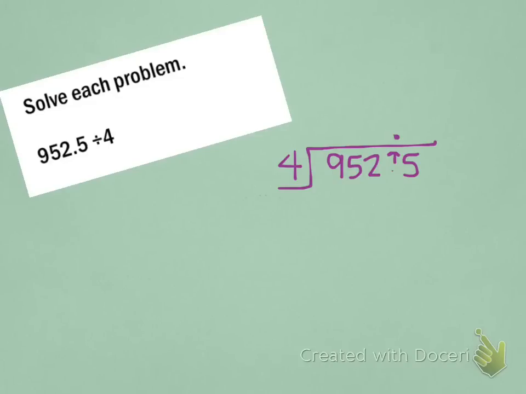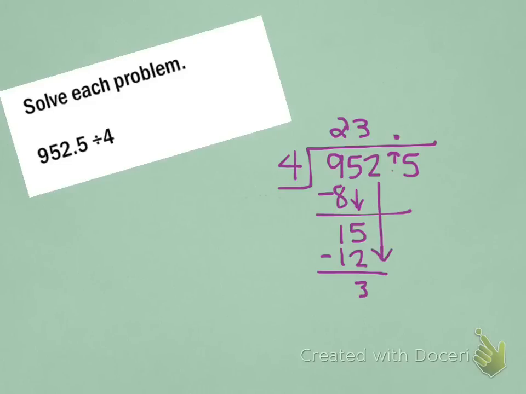So 4 goes into 9 2 times, minus 8, 1 left over. Bring down your 5. 4 goes into 15, 3 times. 3 times 4 is 12. 15 minus 12 is 3.